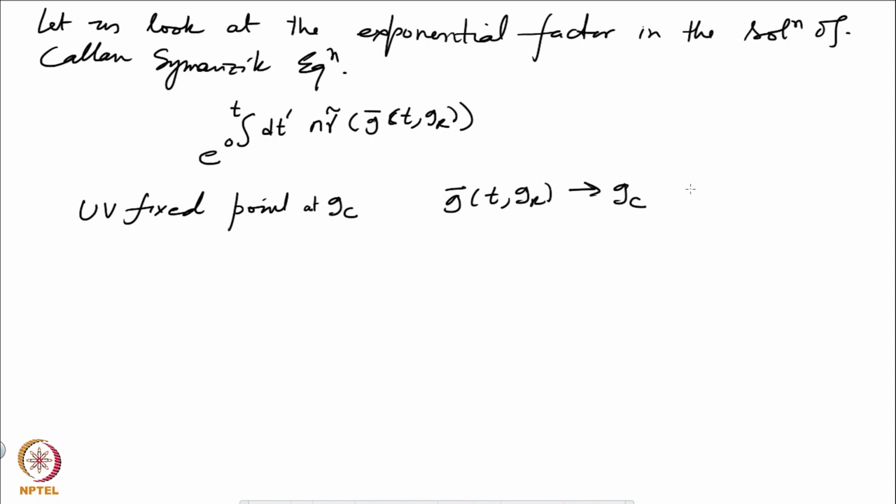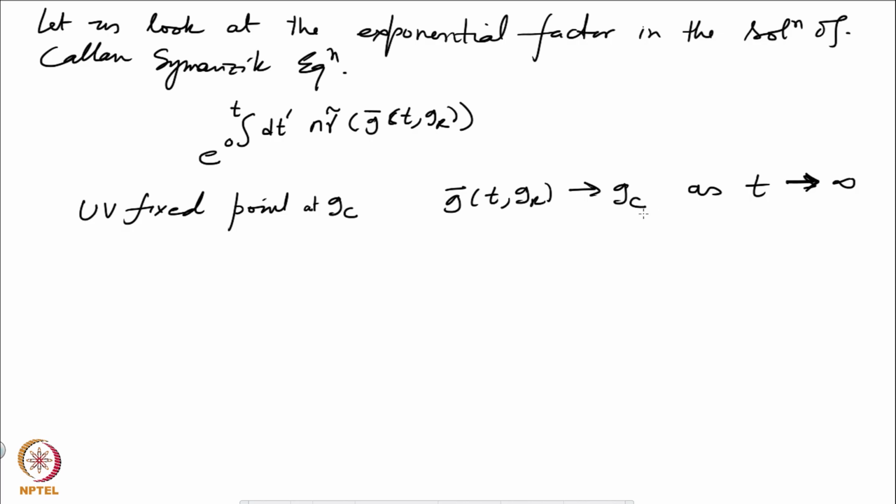The running coupling goes to this value g_c as t goes to infinity. So when you have really scaled up all the momenta by an infinite amount, then the running coupling that you should use on the right hand side of the solution of the Callan-Symanzik equation is g_c.